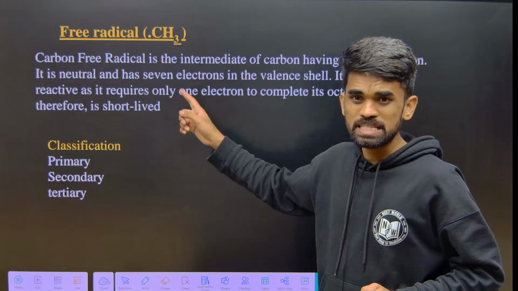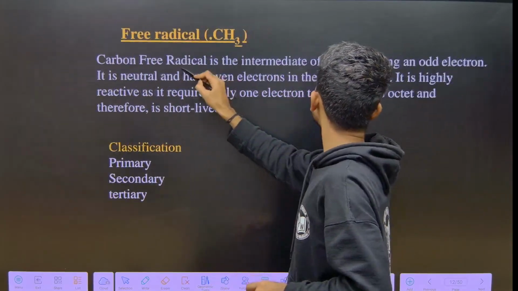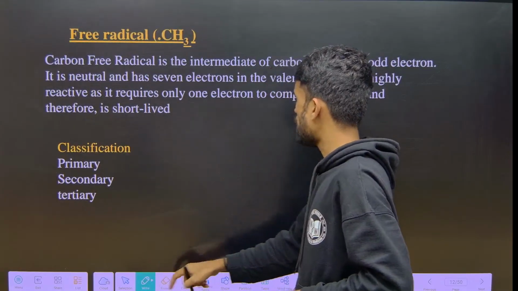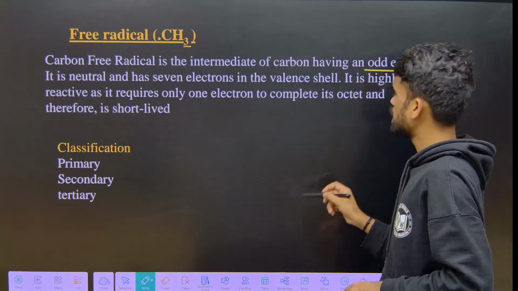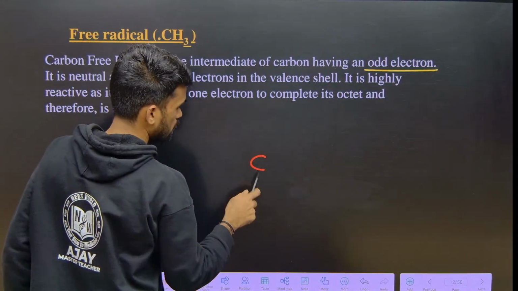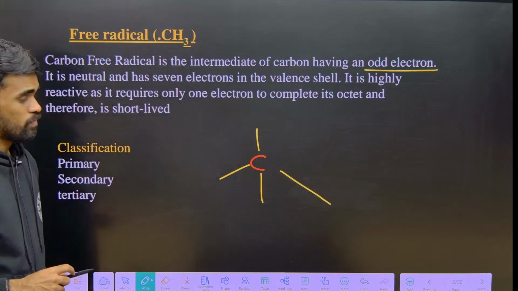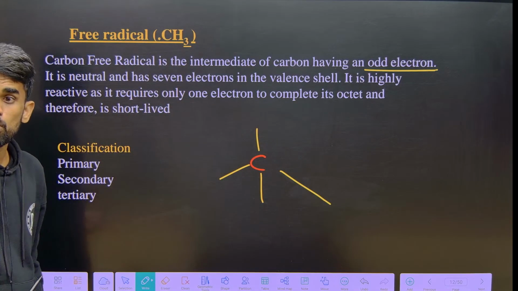The third one is free radical. Free radicals are intermediates with a carbon having an odd electron. For example, if you write 4 bonds like this, free radicals are formed by homolytic cleavage.